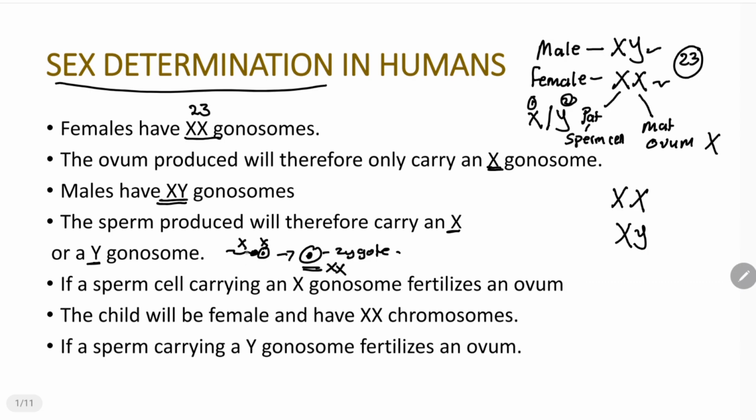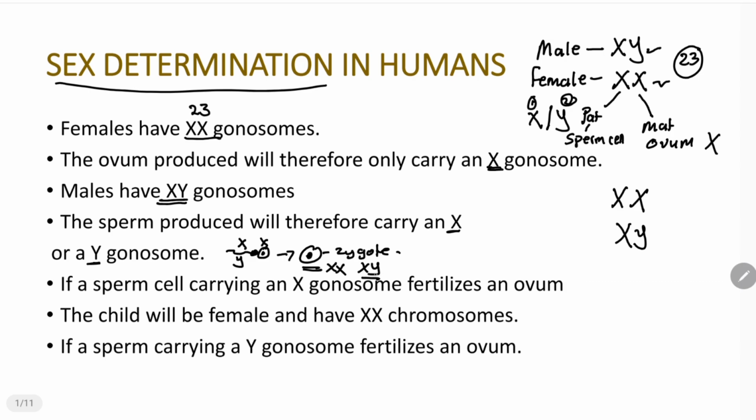And this was determined by the sperm cell that was carrying the X chromosome, right? But it may happen that the sperm cell is carrying a Y chromosome. If this sperm cell is carrying a Y chromosome, then when fertilization occurs, the zygote that is going to be formed now is going to have the chromosomes XY. And this zygote will develop into a male, right?